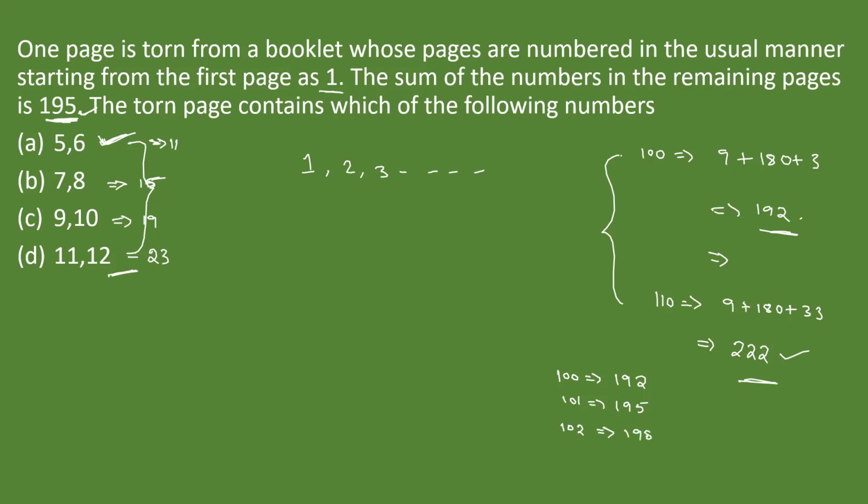So it becomes 198. Next, for 103 it becomes 201. 104 becomes 204. Next, 105 becomes 207. Similarly 106, 210. 107, 213.